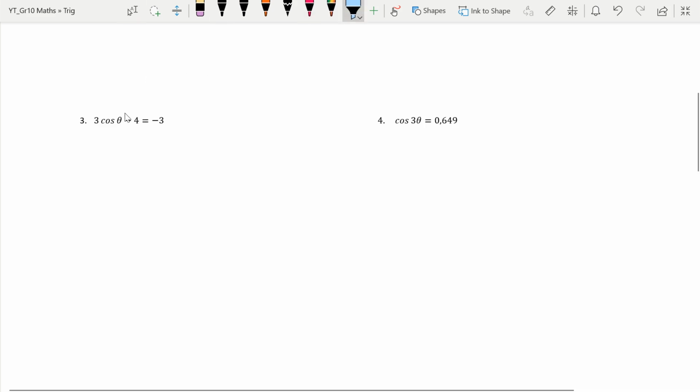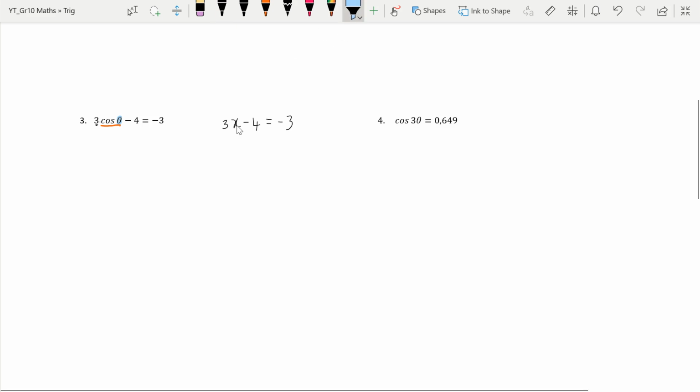Okay, next up, we need to solve for theta. There it is. Okay, but now we need to be careful because cos theta is being multiplied by 3 there, and then we are subtracting 4. Well, we need to isolate our trig ratio before we can use our calculator to find that missing angle. So just like solving an equation, it's like when you've got 3x minus 4 is equal to -3.